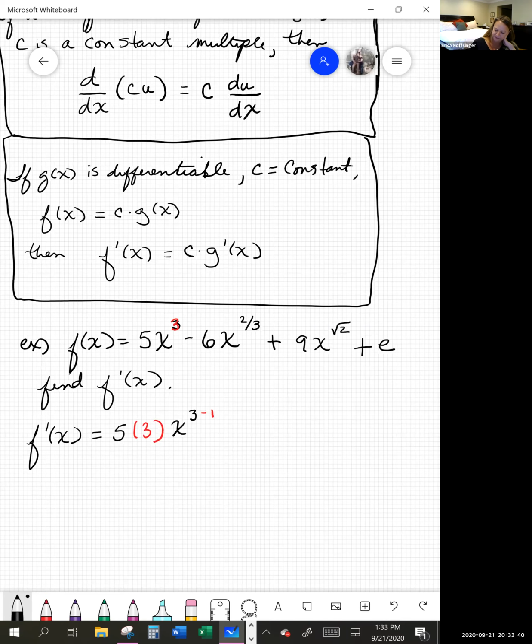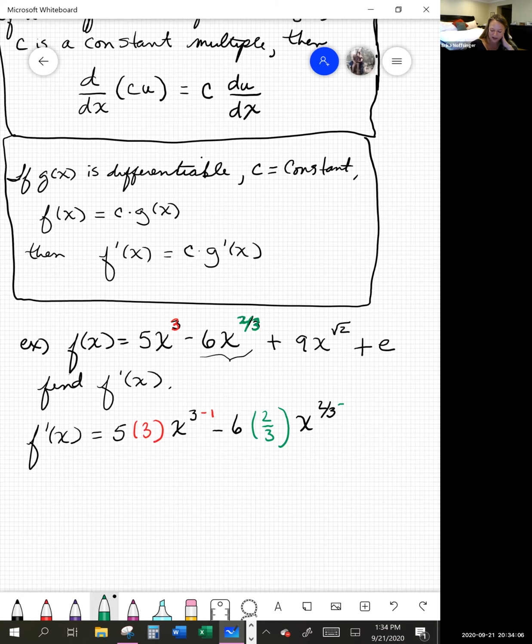And then we have minus, so looking at our next term, we have a coefficient 6. Let's not freak out because it's a fraction. Same thing, this is a real number, so we can bring our power down front, so 2/3, x to the 2/3, and it tells us to subtract 1 off of that. I can write 1 in multiple ways.